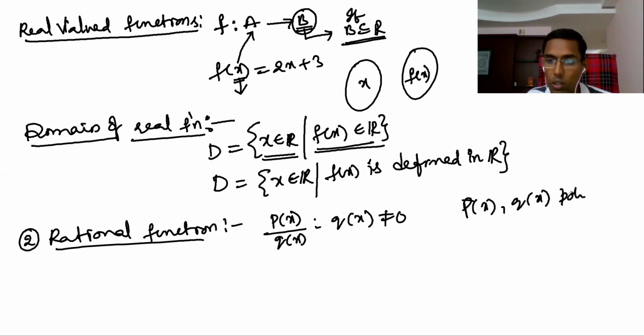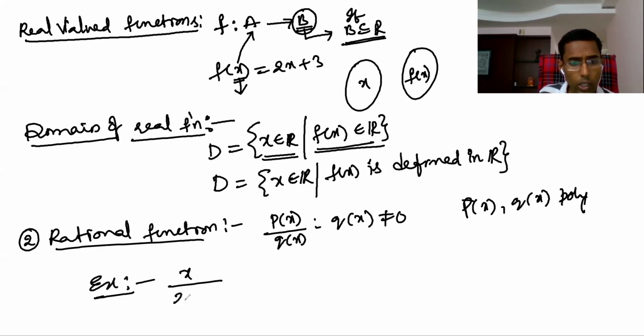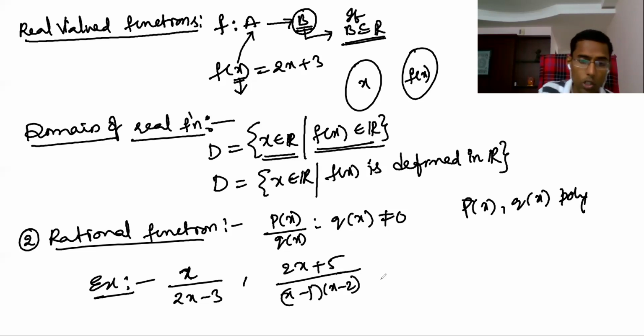Polynomials. Okay, polynomial by polynomial is called rational function. So here, for example, let's say the example is x by 2x minus 3. This is a polynomial by polynomial. This is rational function. Then 2x plus 5 by (x minus 1)(x minus 2). This is also a rational function.